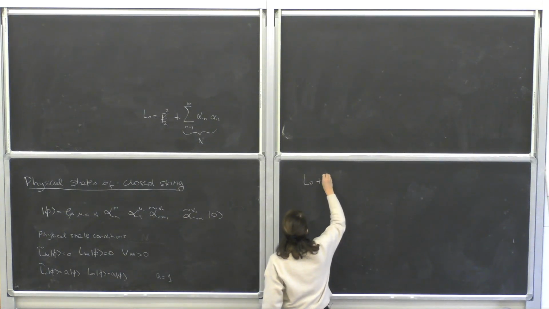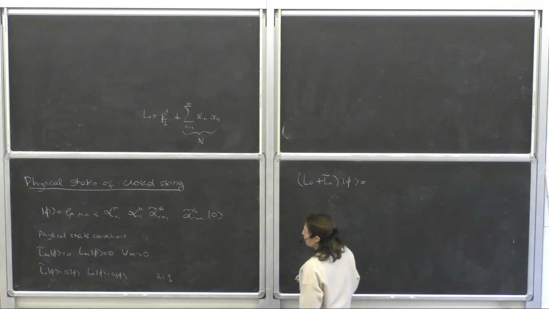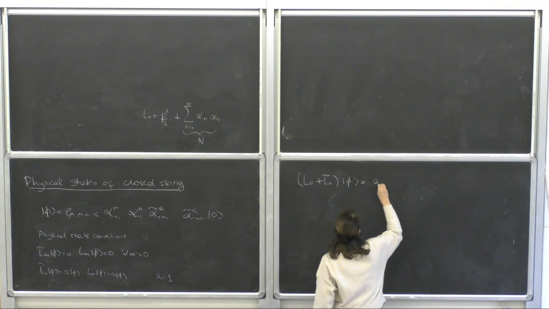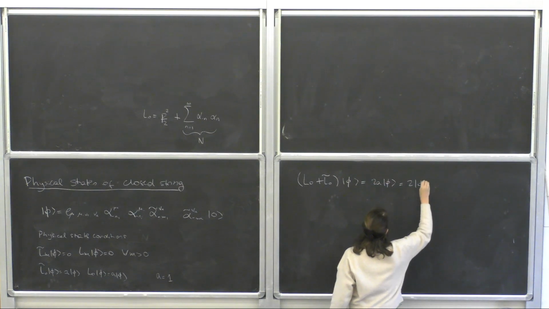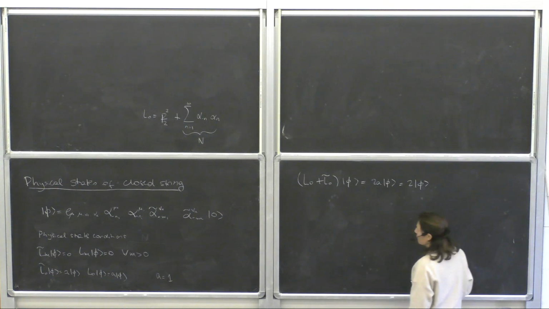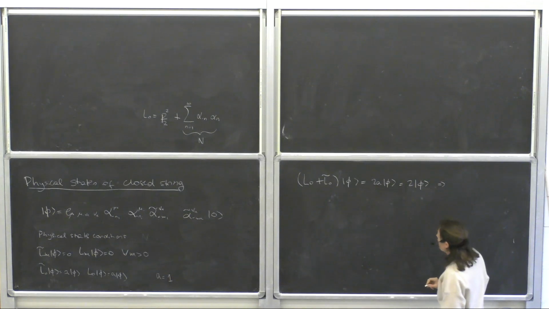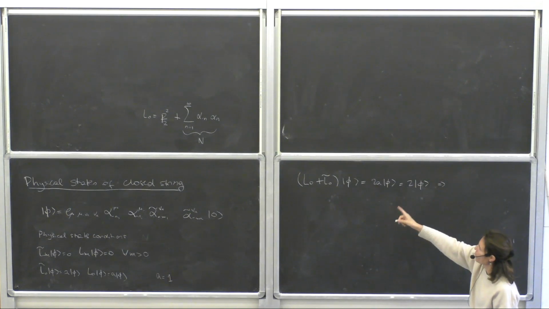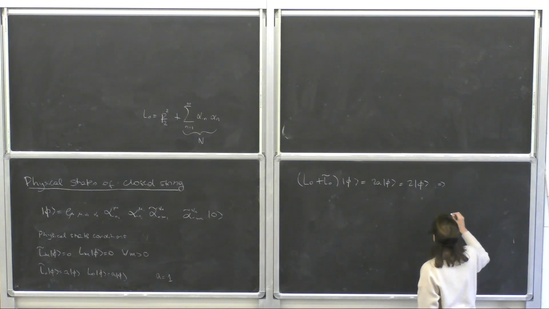It's useful to sum these two. So it's 2a. So the condition is this, and this is 2 phi. And doing the same as before, p squared is k squared is minus m squared.